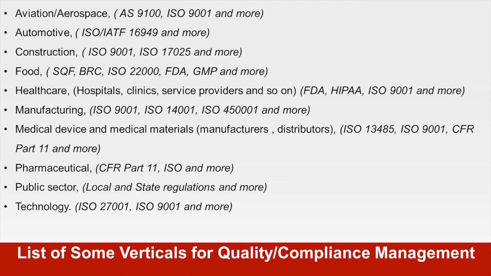There may be different quality management systems or compliance requirements that you need to follow on a daily basis at your organization. We made a list of typical quality management and compliance systems that we have been seeing in different verticals on the screen right now. And there are, of course, many more than this.